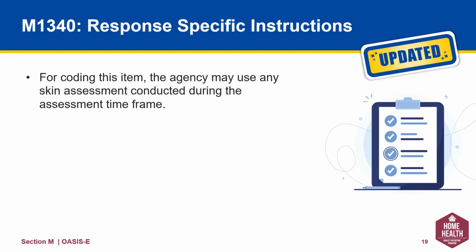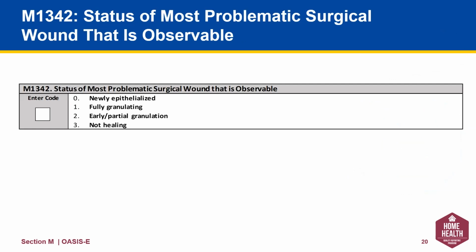For coding this item, the agency clinician may use any skin assessment conducted during the assessment time frame. This is the screenshot for M1342, the status of the most problematic surgical wound that is observable. This item identifies the degree of healing present in the most problematic observable surgical wound.